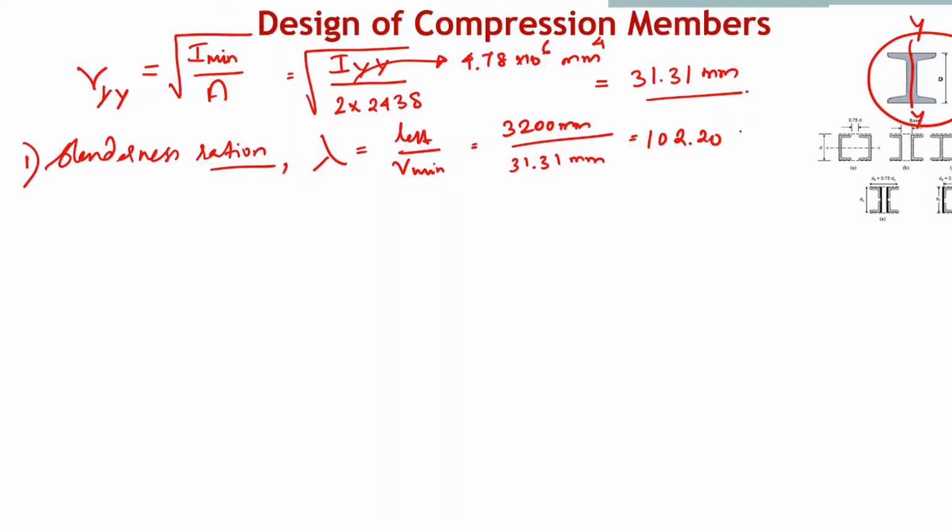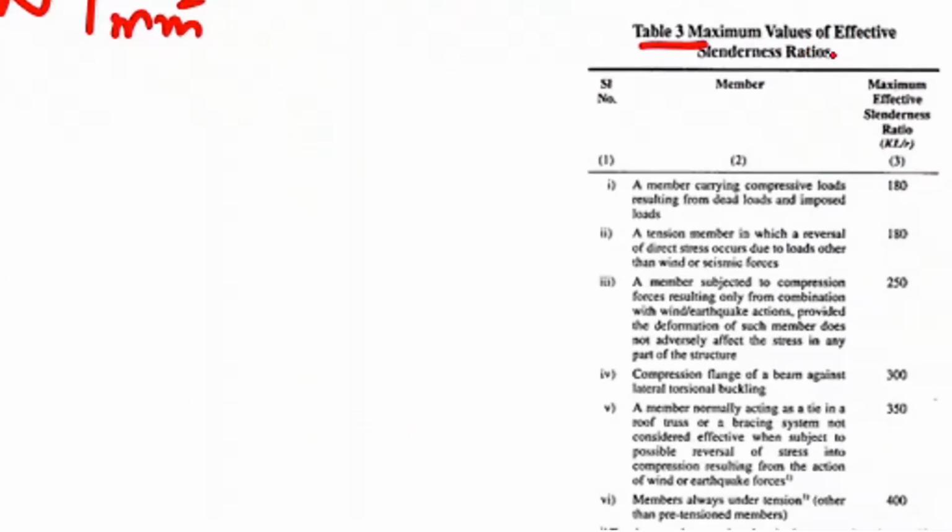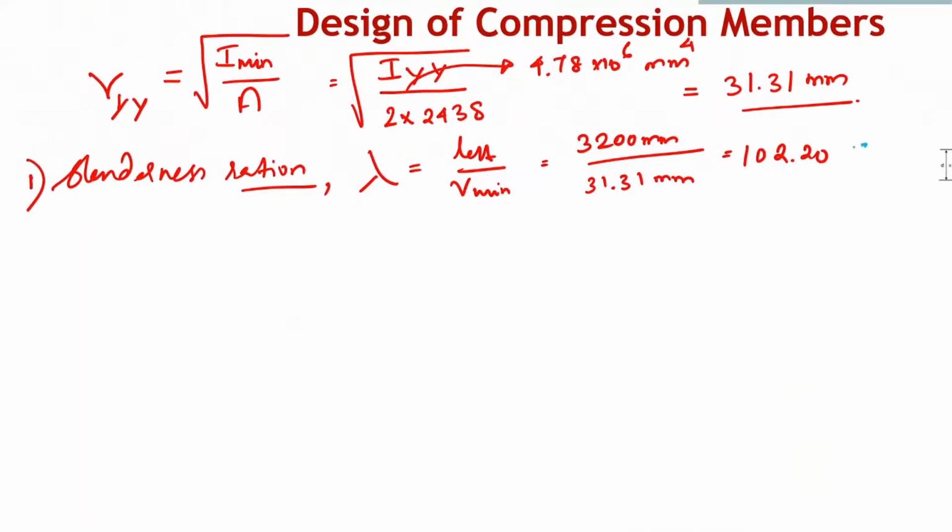Now you have to compare with the maximum permissible slenderness ratio. If you go back to Table 3 of IS 800:2007, for a compression member subjected to dead load and imposed load, the maximum permissible slenderness ratio is 180. So since it is less than or equal to 180, the chosen section is safe against buckling.